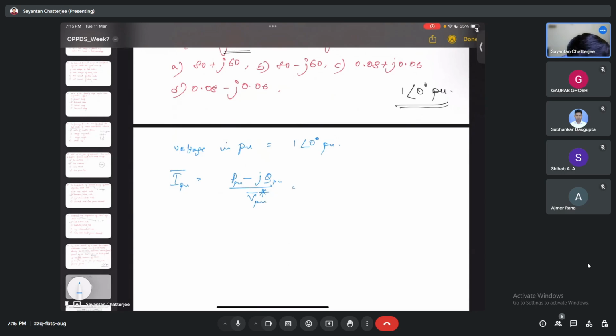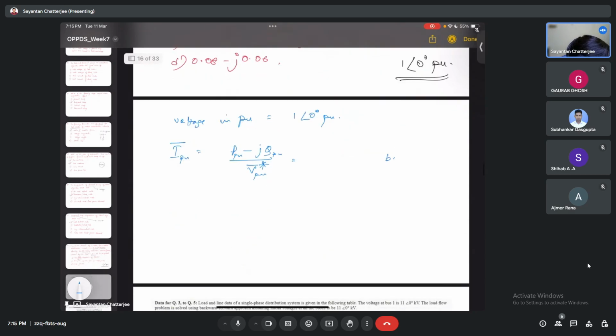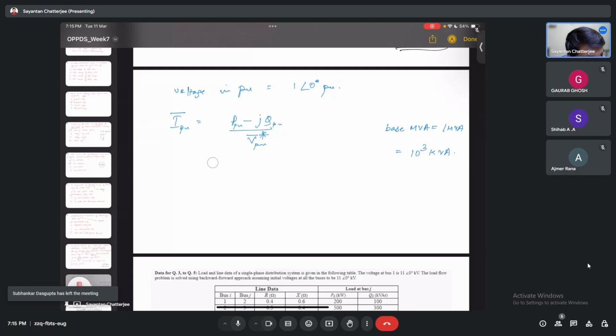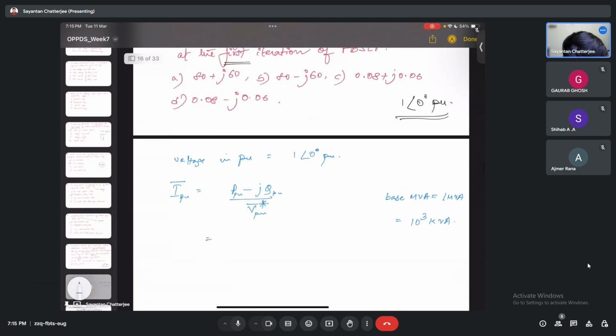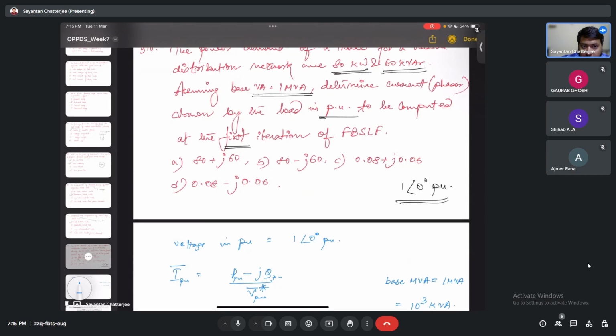And here 1 MVA is given, so base MVA is 1. Yes, 1 MVA. That can be equivalent to 10 to the power 3 kVA. So, as we all know, P is 80 kilowatt.